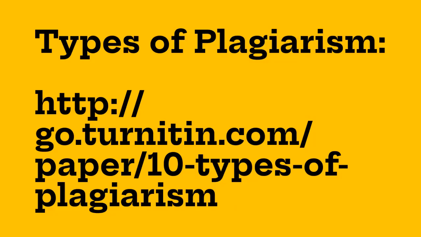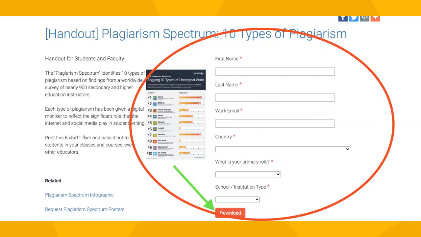And so I'd like you to go to this website, http://go.turnitin.com/paper/10-types-of-plagiarism. When you type in this website, you're going to come to the Turnitin website, and it should look like this. What we're trying to do is access that form there in the middle, where it says tagging 10 types of unoriginal work.